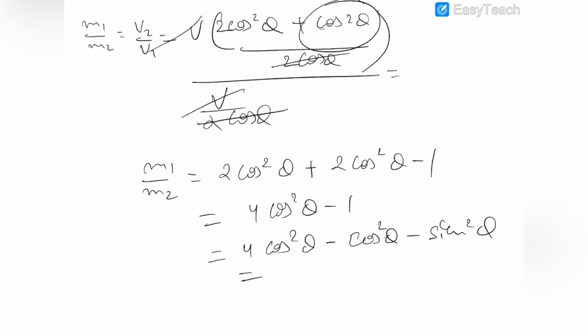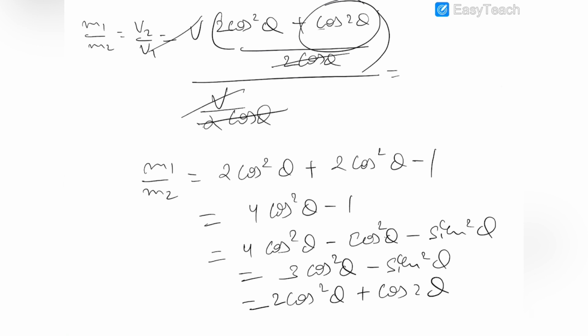So it is 3 cos square θ minus sine square θ, and out of this you can write 2 cos square θ plus cos square θ minus sine square θ, which is cos 2θ.